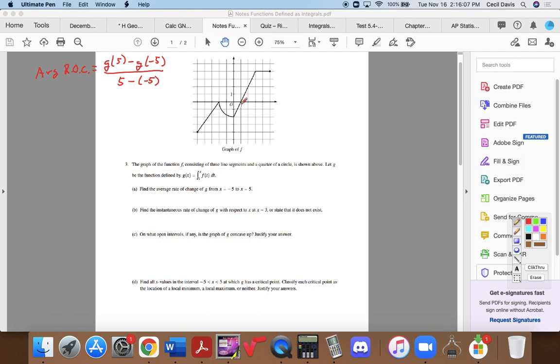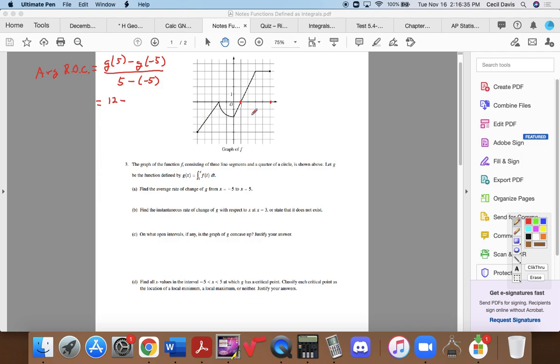So g at 5 would be the integral from 1 to 2, 3, 4, 5, all the way to here, which is 1, 2, 3, 4, 5, 6, 7, 8, 9, 10, 11, 12. I'm just counting squares. Everybody good with that? Hopefully I counted correctly.